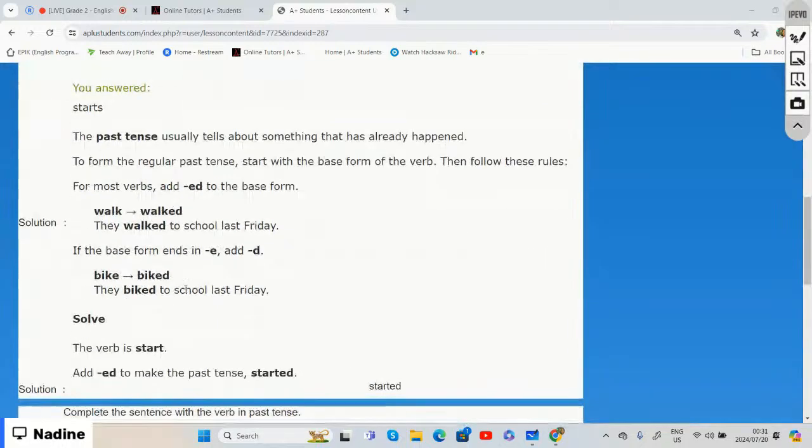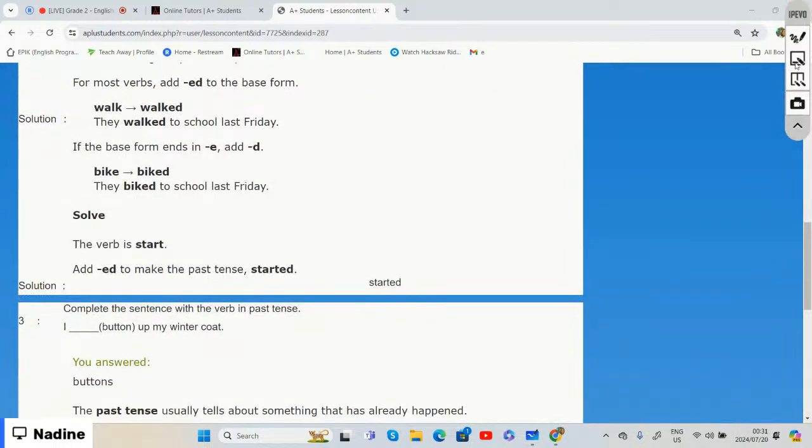All right. The last one says, I button up my winter coat. We need to complete the sentence with a verb in the past tense.